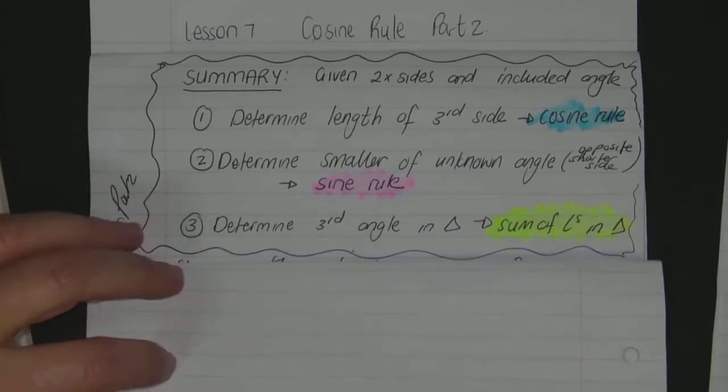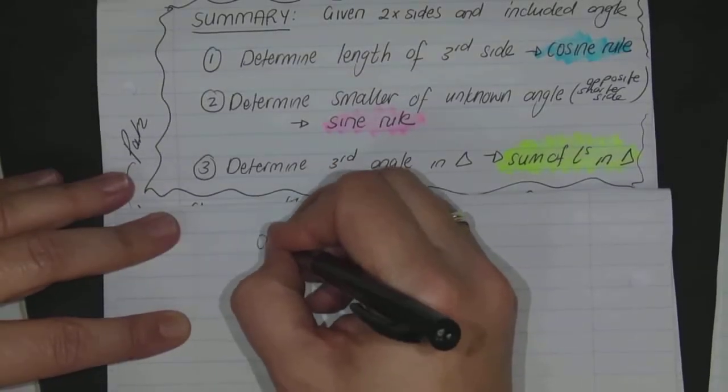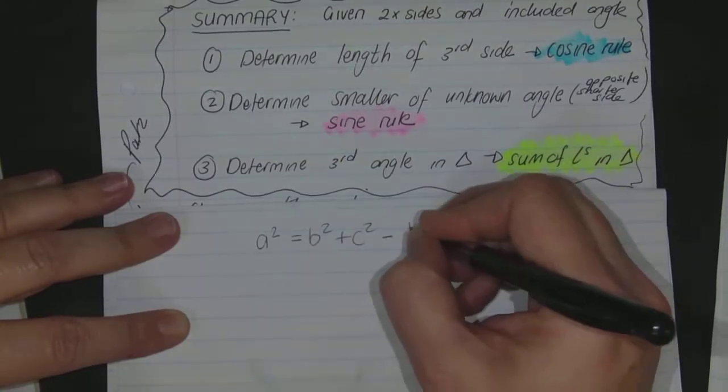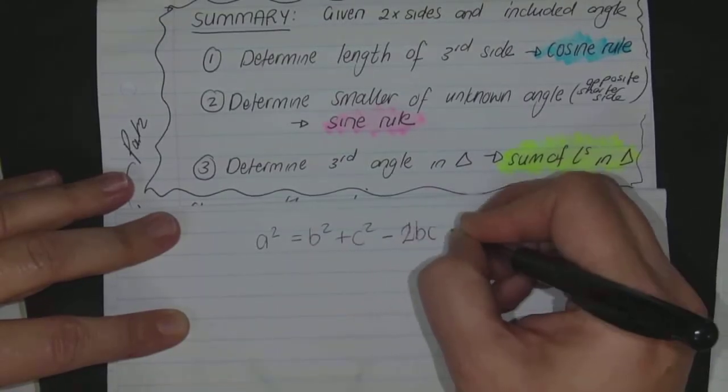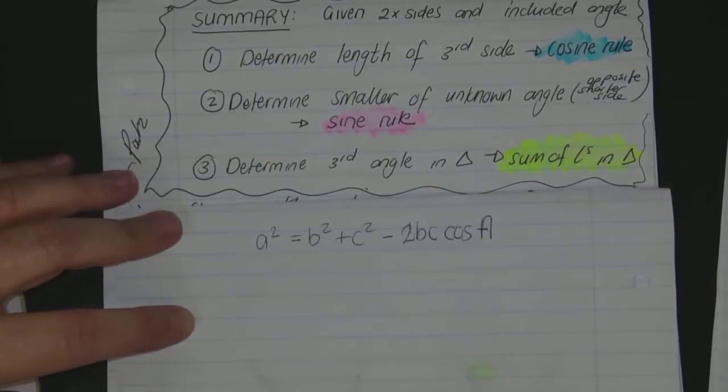Okay, so what do we know at this point? We know that a squared equals b squared plus c squared minus 2bc cos A. Okay, so that's an equation. So what can I do with this?